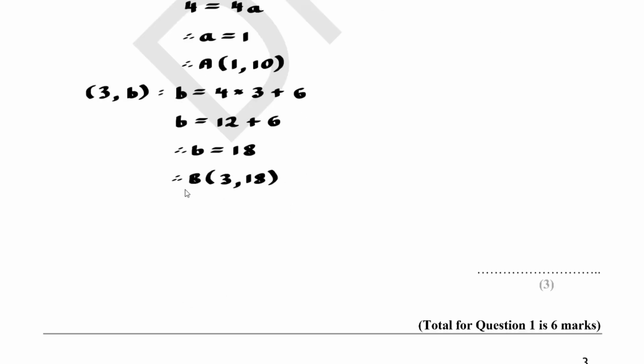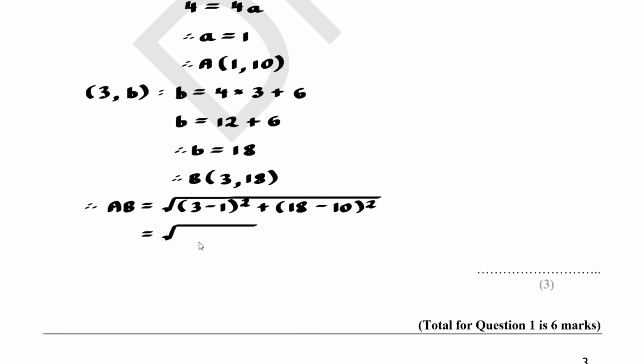With the point A and the point B, we can now find what AB is. So AB is equal to the square root of, well, we have the difference in the x's, 3 subtract 1 squared. Then we add on to this the difference in the y's, 18 subtract 10 squared. So let's simplify this.